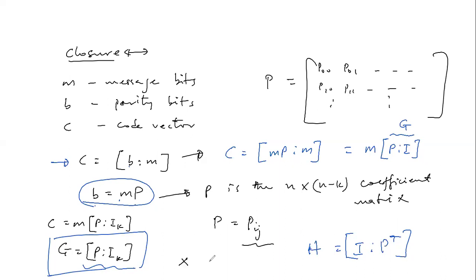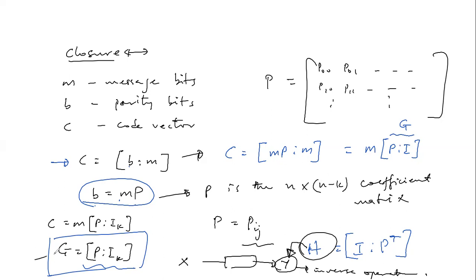We transmit X over a channel, and we are expected to receive Y. Recall that we made mention that the act of recovery is an inverse operation. Hence, since the parity check matrix is used for decoding, it is going to be an inverse operation of the generator matrix.